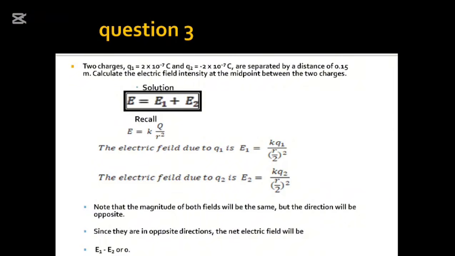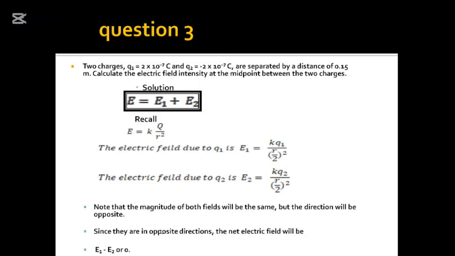Since they are in opposite directions, the net electric field will be E1 minus E2 equal to 0. What does that mean? Remember that the total electric field intensity is E equal to E1 plus E2. But now our E2 is carrying a negative sign, which is from a negative charge.